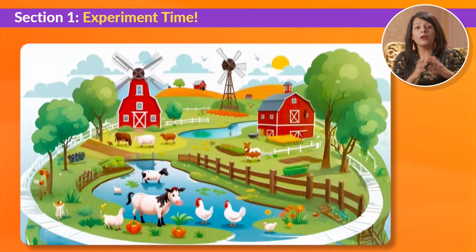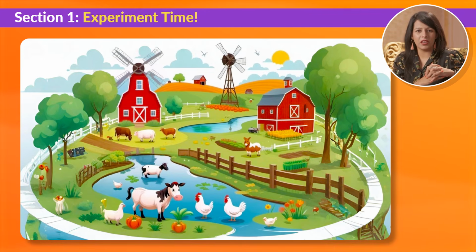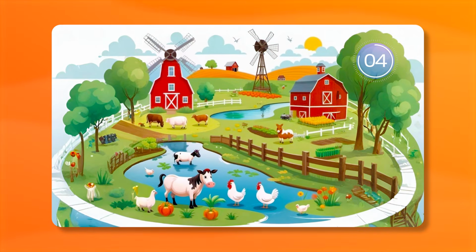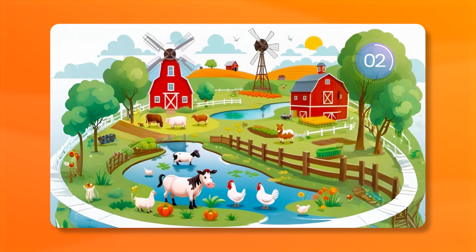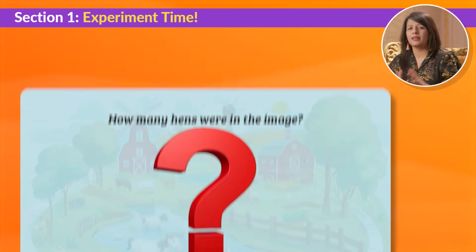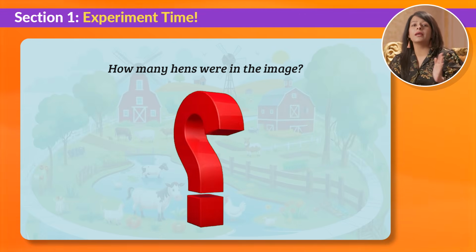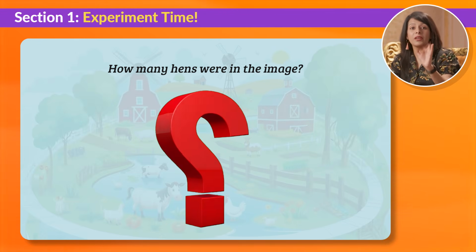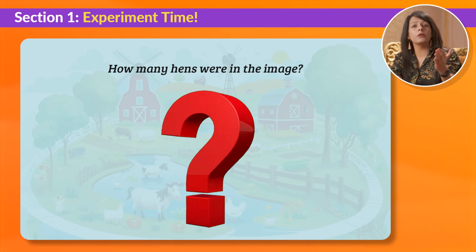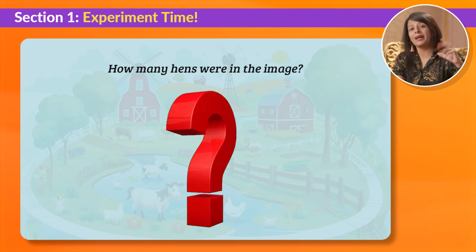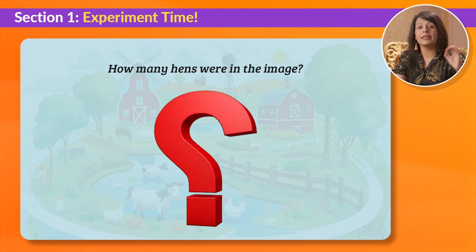Before we dive into strategies, let us try a quick experiment to understand how focus works. Take a quick look at this image. You have 5 seconds to view it carefully. Now, close your eyes. Can you tell me how many hens were in the image? Most people find it difficult to remember the exact number. Why is this?